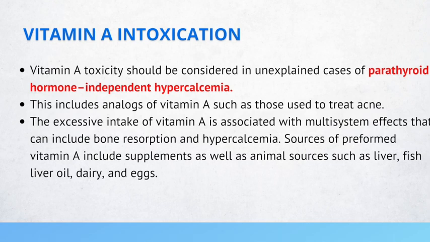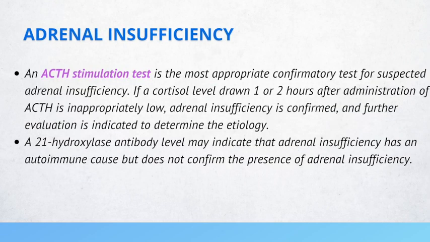Adrenal insufficiency. So you have primary and secondary adrenal insufficiency. Primary adrenal insufficiency is a disorder characterized by the loss of adrenal gland function, leading to the deficiency of aldosterone and cortisol. Primary adrenal insufficiency is mainly due to autoimmune causes.